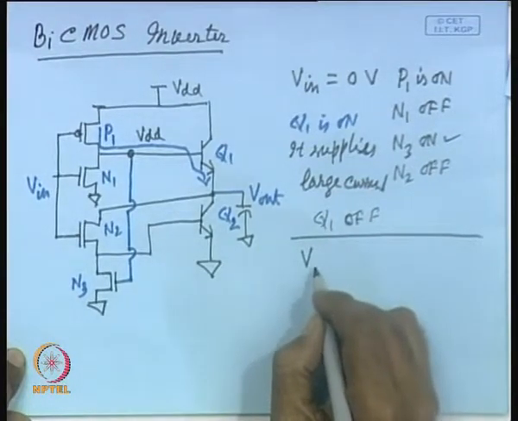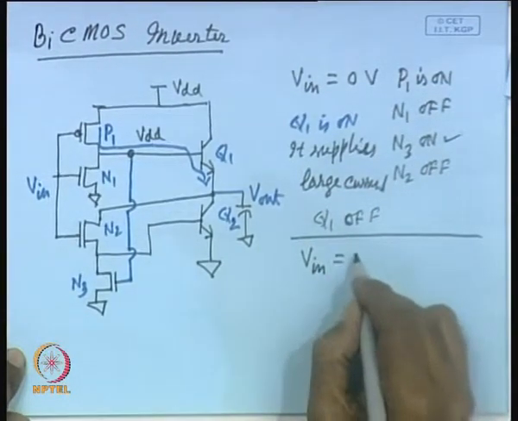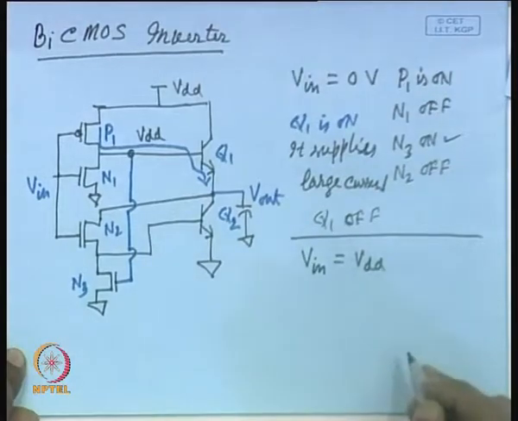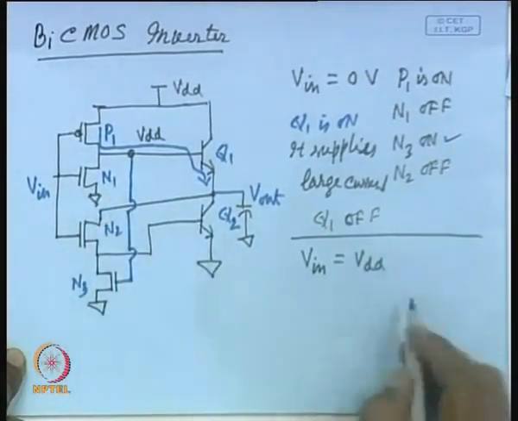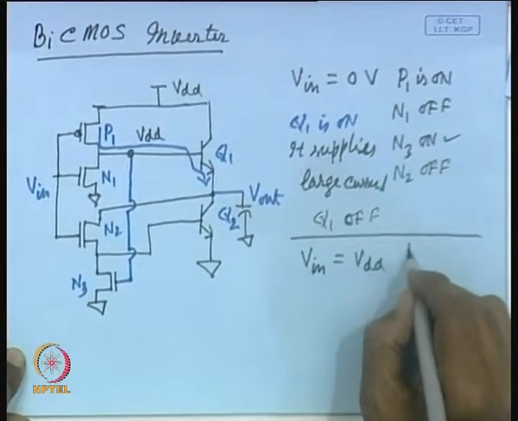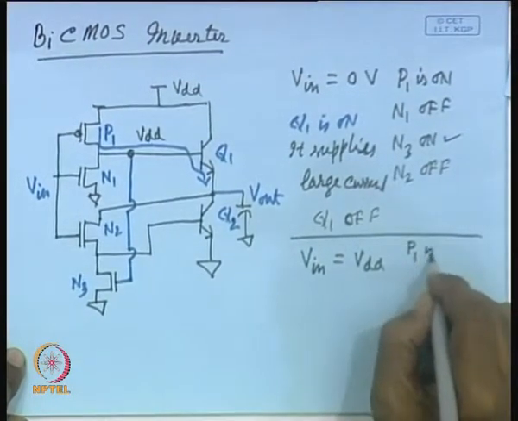What about when V in is equal to VDD? When V in is equal to VDD, then what will happen? Let me write down the state of the different transistors.